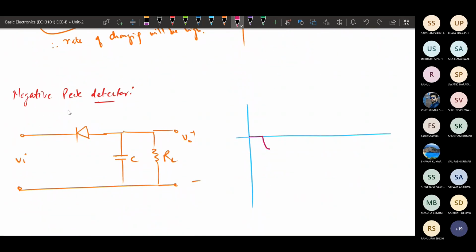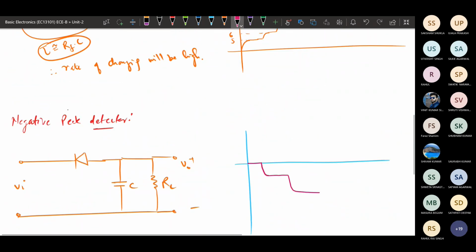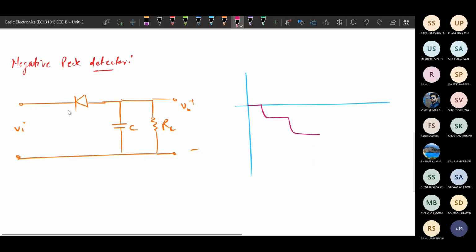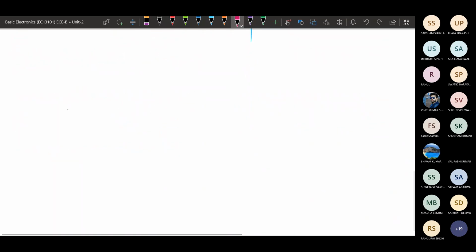Up to here it has a similar voltage, and then it changes to here, and it remains constant at this, which is the maximum voltage. So this will be the output in case of a negative peak detector. These are the negative and positive peak detector circuits.